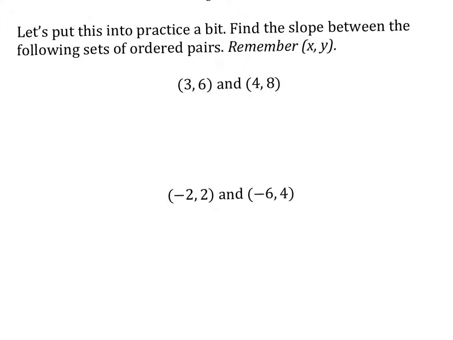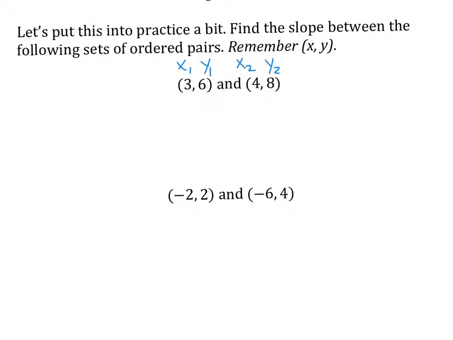So what I'm going to do is label these ordered pairs x1, y1, x2, y2, because that first ordered pair is the first ordered pair I'm given, and it's x1, y1, meaning it's the first x coordinate I see and the first y coordinate I see for 3 comma 6. For 4 comma 8, that's the second ordered pair I see, so that's the second x value I see and the second y value I see.